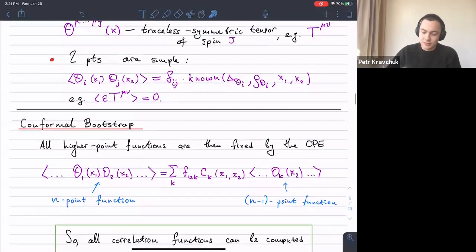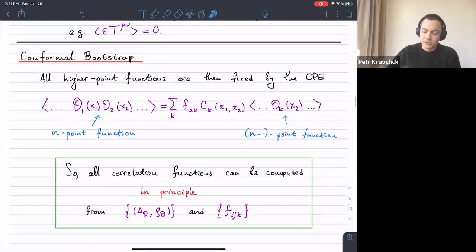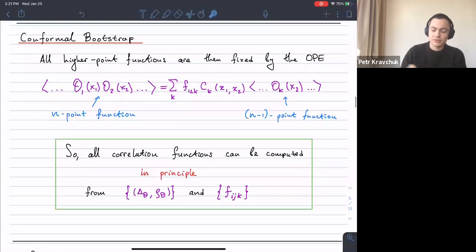And this is all great, but the best thing is probably this consequence of the operator product expansion, which says that, well, this is just our operator product expansion, and obviously on the left-hand side we have an n-point function because we had O1 and O2, and on the right-hand side we have an n-1 point function because we replaced them by a single O_K.